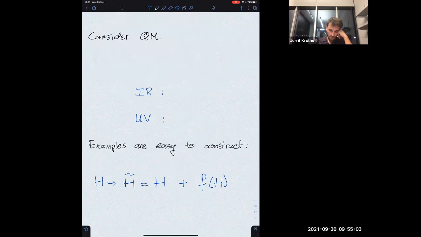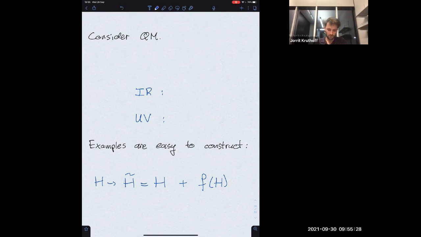Good. So in a quantum mechanics, the Wilsonian RG type logic is that the UV is very complicated, and flowing up the RG flow is okay. You don't know where you're going to land.